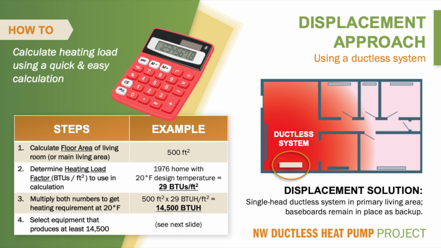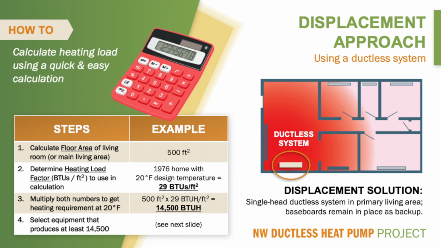Next, we multiply the room area of 500 square feet times the load factor of 29 BTUs per square foot. This results in a heating requirement of 14,500 BTUs per hour at 20 degrees Fahrenheit.